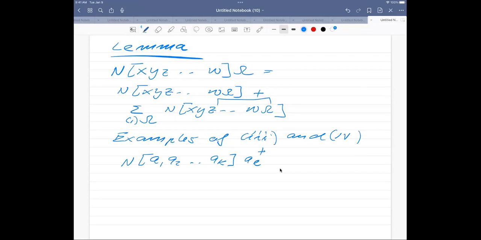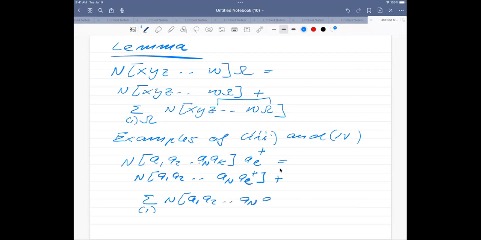So if we do that, what the lemma says is that we can rewrite this as a normal ordered product of A1, A2, up to some AN, so we have n operators, and then we have an AL here, plus a sum over all the possible contractions of these previous operators A1, A2, up to AN, with this operator AL.